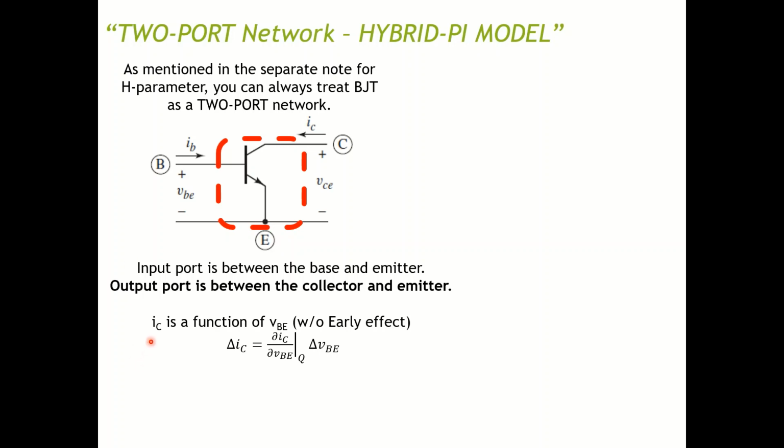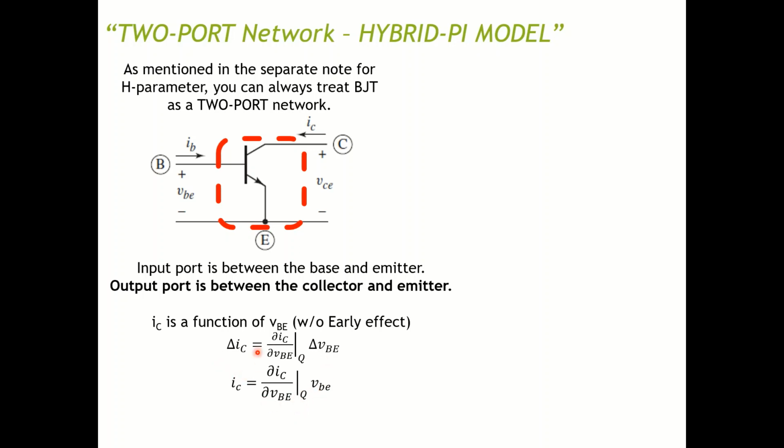Previously we have IC as a function of VBE without the early effect, and we will analyze the early effect later. So we know that delta IC equals the slope of the IC over VBE curve at the Q point multiplied by delta VBE.